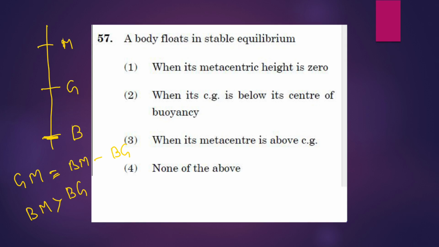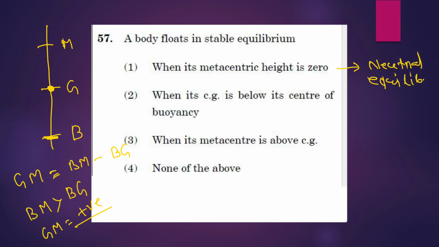When metacentric height is 0, it means BM equals BG. So M and G both coincide. That is the case of neutral equilibrium. This condition you also have to remember. In many exams they ask the neutral equilibrium condition.